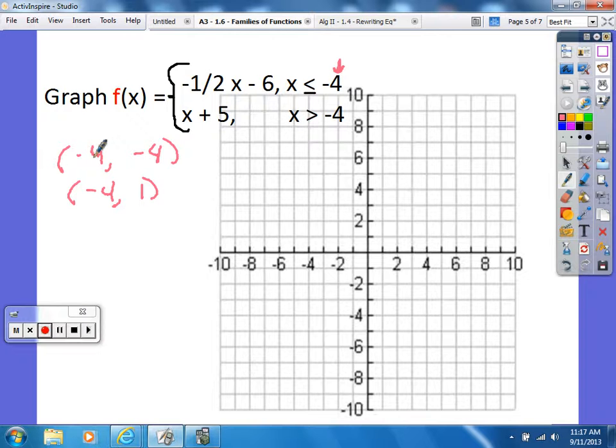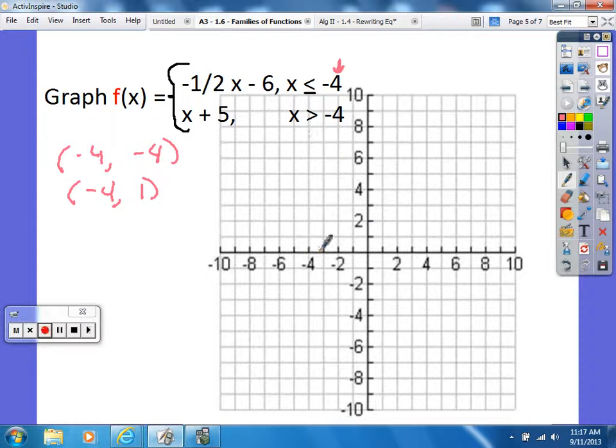So I'm going to plot a point at -4, comma -4. Now notice right here before I plot that point. See how this conditional has the equal sign? That means I'm going to put a closed dot right there. When I plot -4, comma 1, you see how this one does not have the equal sign? It's going to get an open dot.